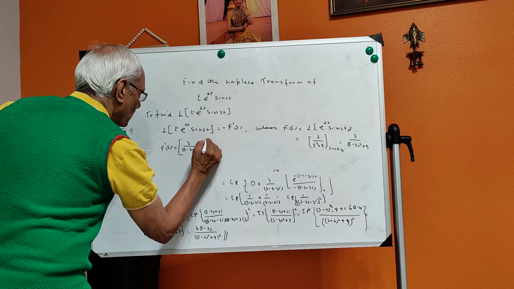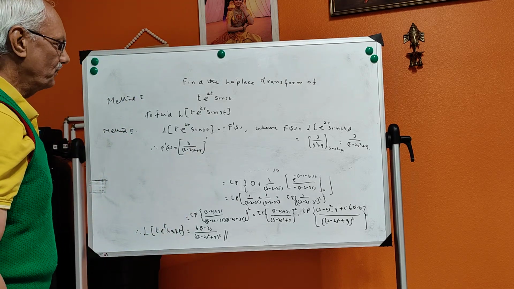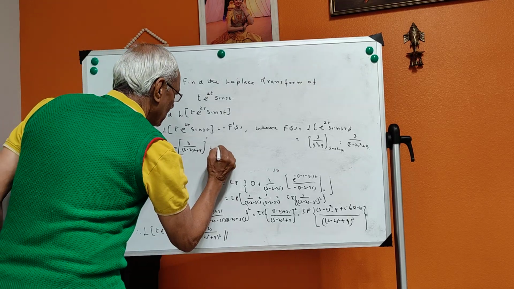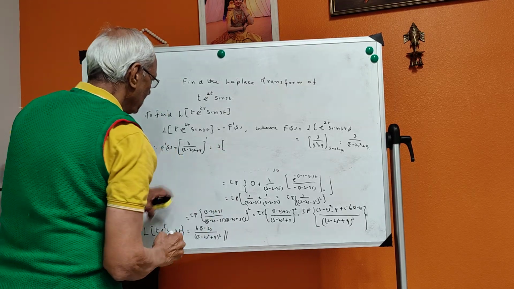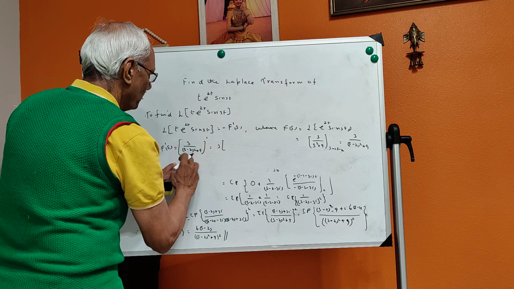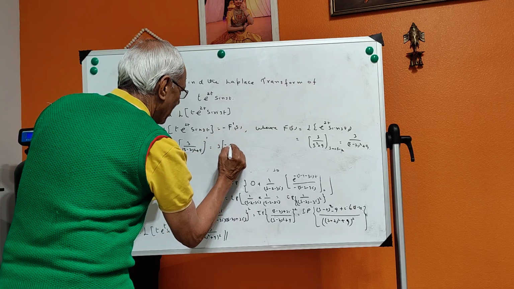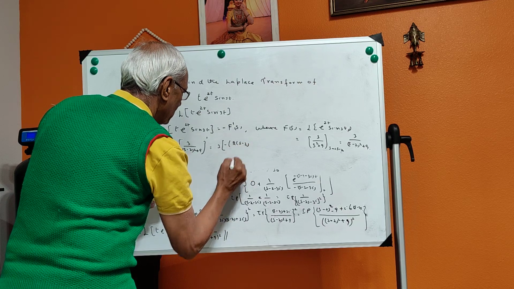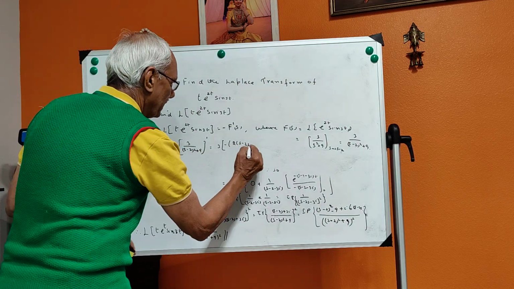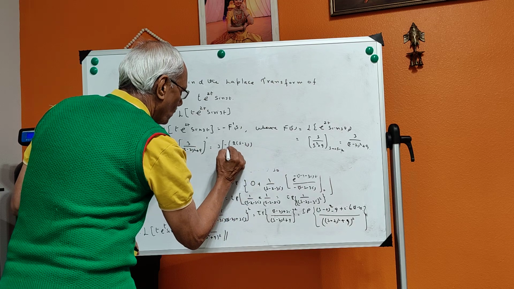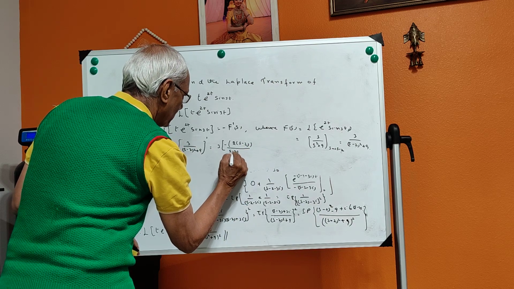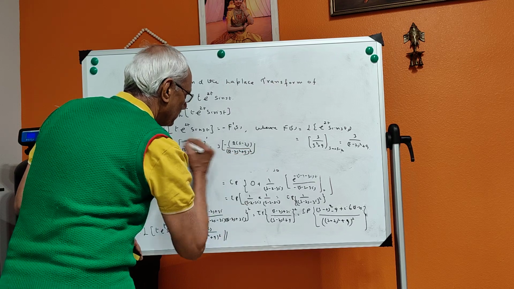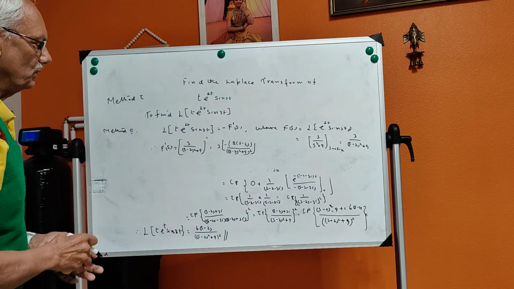Differentiate with respect to s. So this will be 3 into minus of 2 into (s minus 2), the differentiation of 9 is 0, whole divided by (s minus 2) whole square plus 9 whole square. This is what you will get.